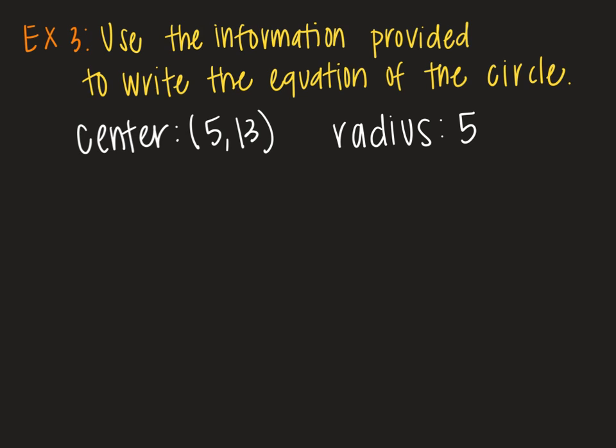For example 3, we're going to use this information provided to write an equation of the circle. We're given the center and we're given the radius. Just so you remember, our equation of a circle is x minus h squared plus y minus k squared equals r squared. So 5 is my h and 13 is my k, because that's the center of my circle, and then this 5 is going to be my r. So I can just plug everything in. Remember that my signs, if I plug in 5 here, that's just 5.